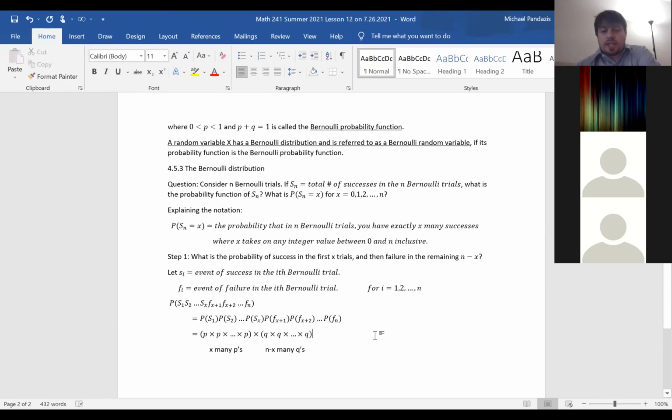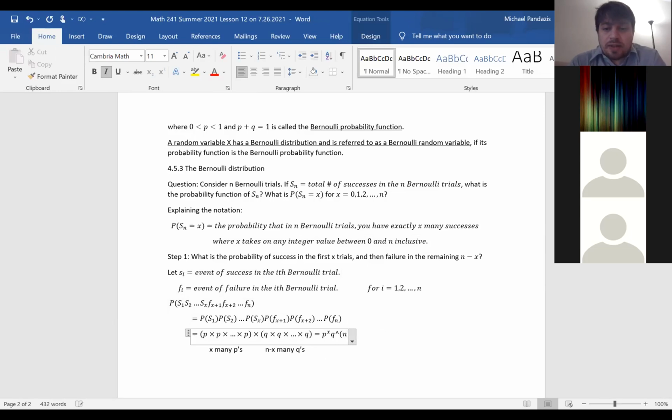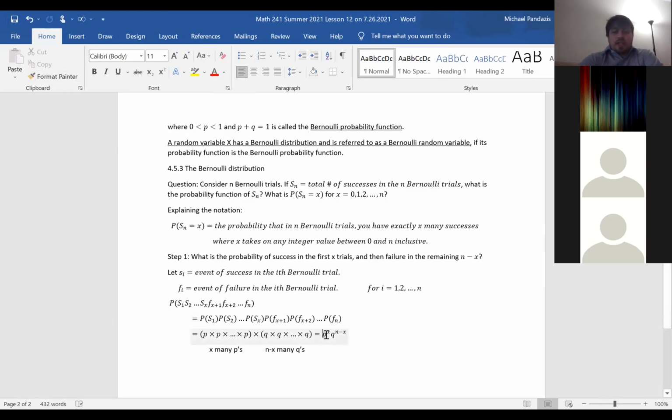Okay, and so that's equal to P to the x times Q to the n minus x. So the probability of success in the first X trials and failure in the remaining n minus x would be P to the x times Q to the n minus x.